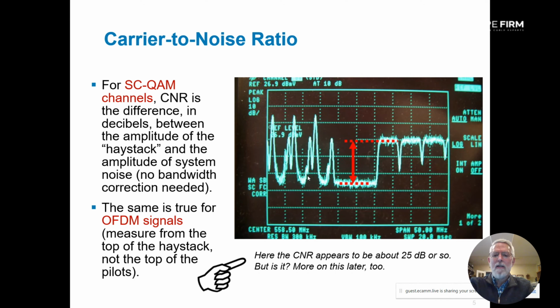But to get a ballpark carrier to noise ratio like you see here, you look at this and you say, okay, that looks like it's 25, 26 dB, give or take. And I'll ask this question again. Is it? Remember, you don't have to do a noise bandwidth correction when measuring the carrier to noise ratio of SC QAM signals, but is this a legitimate carrier to noise ratio measurement? We'll talk about this more a little bit later on too.